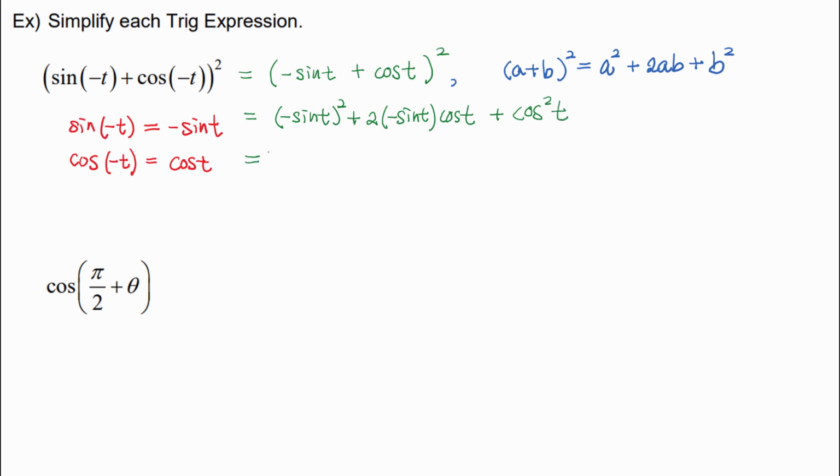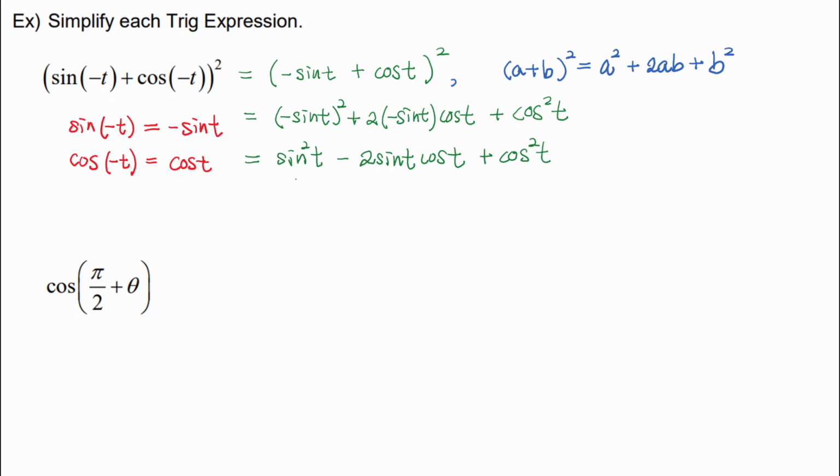When you square negative sine t, negative multiplied twice, you get positive sine square t, and plus 2 times negative sine t times cosine t gives you negative 2 sine t cosine t, plus cosine square t.